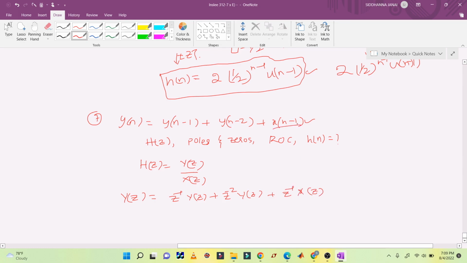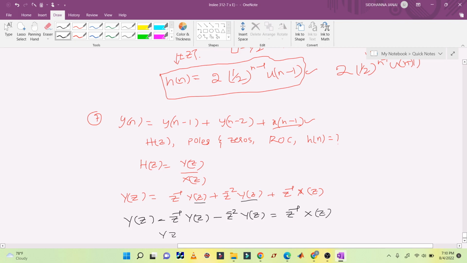This you know. Now y of z minus z inverse y of z minus z to the power minus 2 y of z is equal to z inverse x of z. This is what you get when you take the y of z terms on the left hand side.